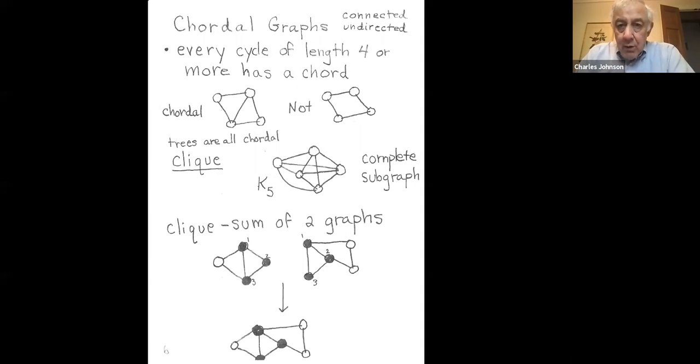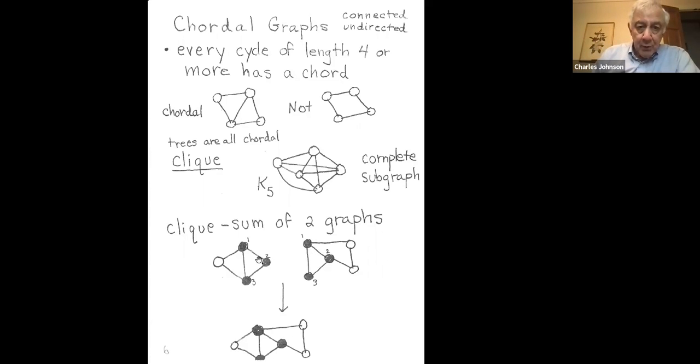Now, a very important kind of graph that comes up in this business is what's called a chordal graph. A chordal graph is a connected, undirected graph such that every time there's a cycle in the graph of length 4 or more, there is a chord of that cycle.